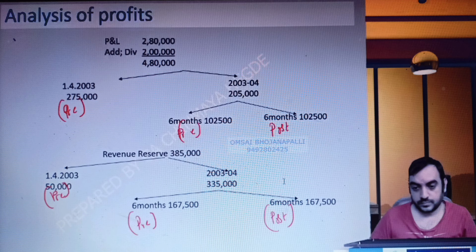Plant and machinery we have 2,40,000, 1,35,000. Adjustment: revaluation profit 37,500, minus depreciation 1,500. So the net amount comes to 2,40,000 plus 1,35,000 plus 37,500 minus 1,500, which is 4,11,000.